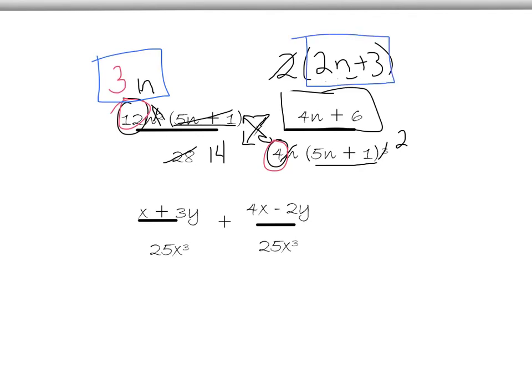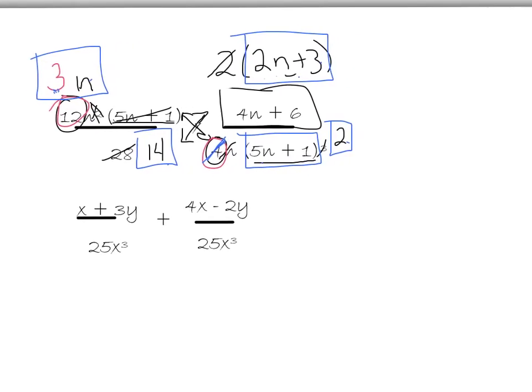I canceled my 4 to get my 3n here. I have a 5n plus 1 to the second, and I have a 14. I don't see anything else from top to bottom that could be canceled.